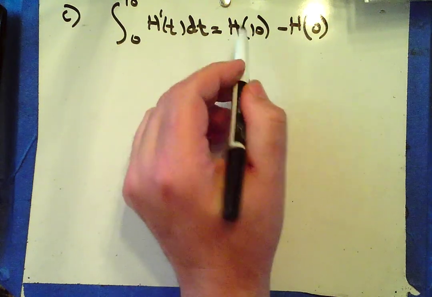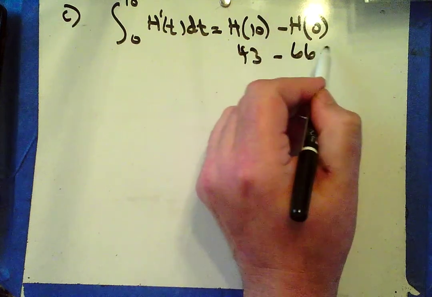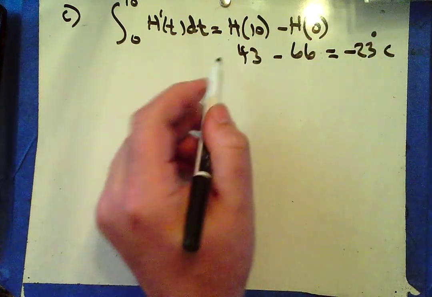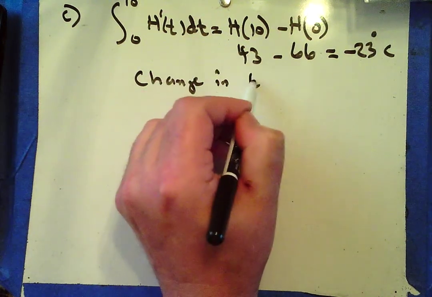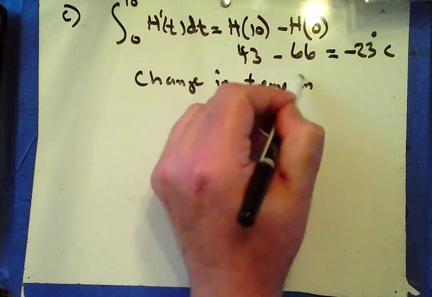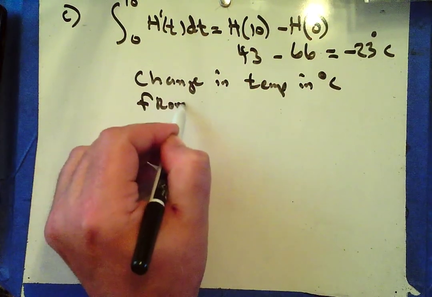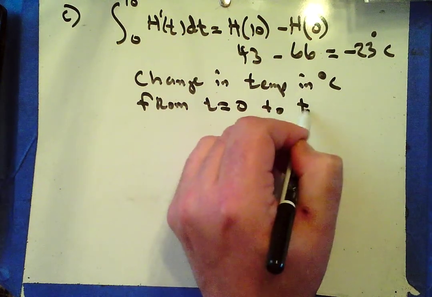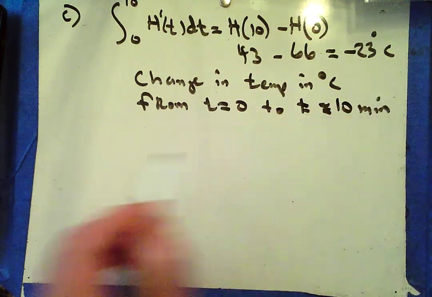H of 10 is 43, h of 0 is 66, and so I get negative 23 degrees Celsius. This is the change in temperature in degrees Celsius from t equals 0 to t equals 10 minutes.